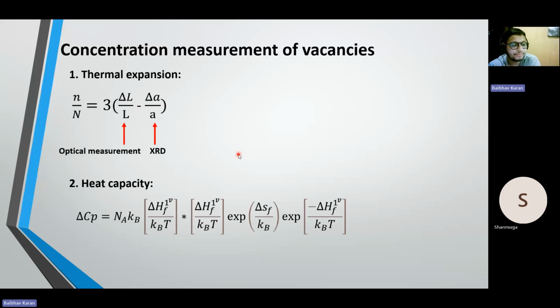Professor Shashank solved that equation and reached one very important conclusion: the copper rod increased in length, but the percentage of vacancies related to the increase in length is very small.